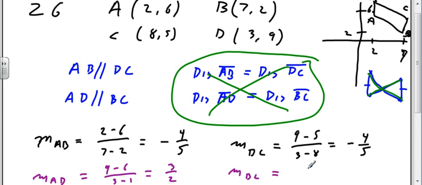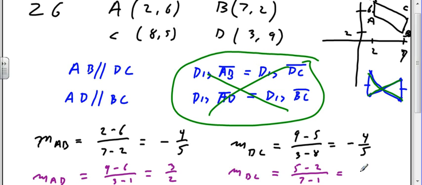Change in y, 5 minus 2, divided by 7 minus 1.